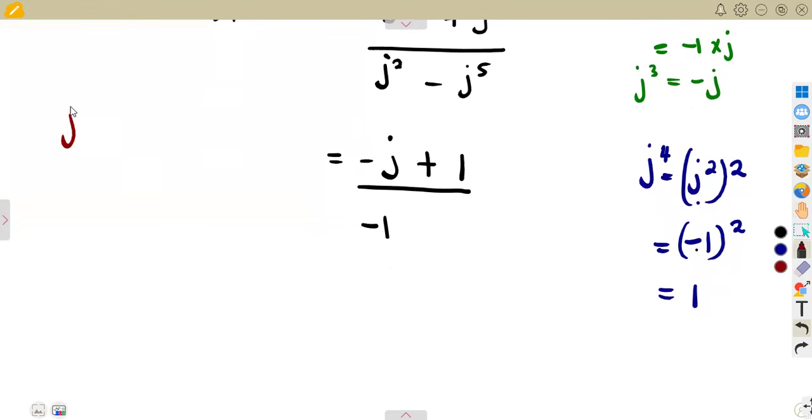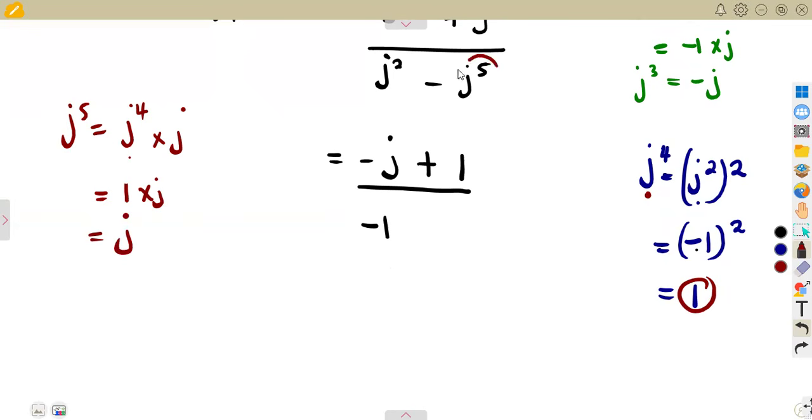Then we move on to j to the exponent of 5. In the same manner, it is the same as j to the exponent of 4 times j, because if you add 4 plus 1, that's 5. We know the value of j to the exponent of 4 is 1, so that's 1 times j, which is j.